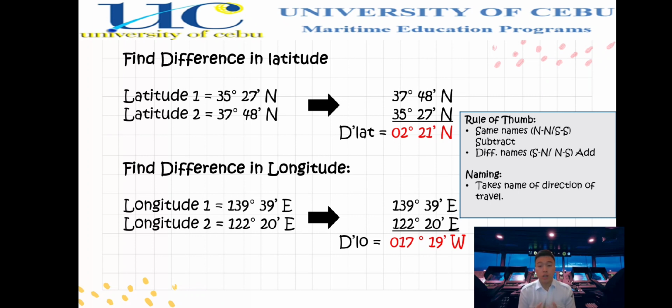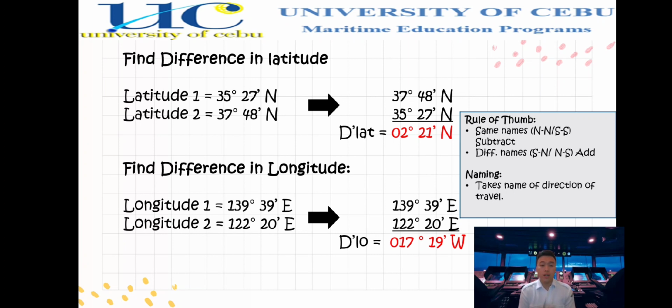We subtract because it is the same name, which is north. So DLAT is equal to 2 degrees 21 minutes north. We copy the direction because it is going north, since latitude 2 is higher. So our DLAT is 2 degrees 21 minutes north.